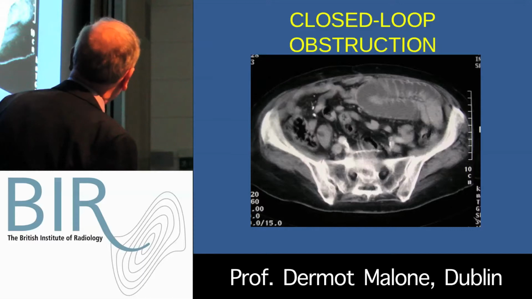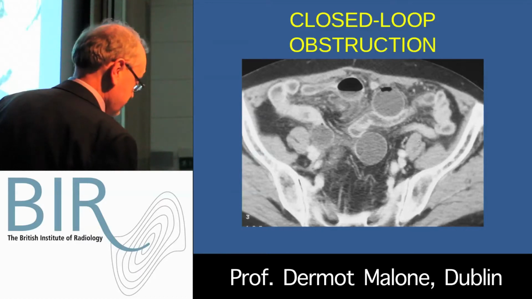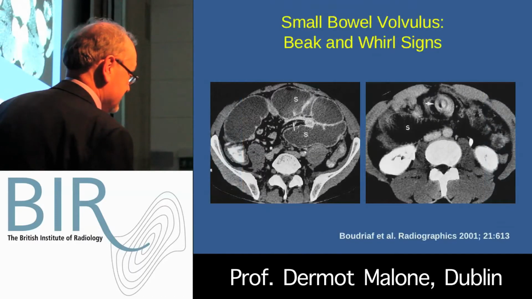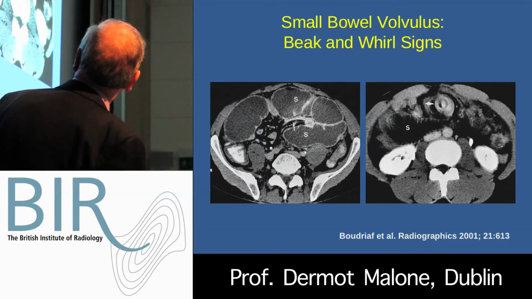More often it's longitudinally oriented because of spatial issues, and what you see when the CT scanner cuts across it is multiple circular loops which, as you scan up and down, converge on a particular point, a particular twist. The two signs described are the beak sign, where the mesentery comes towards a twisted beak, or the whirl sign, where the mesentery's vasculature seems to be twisted around.